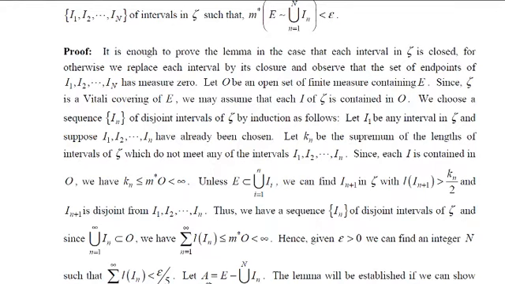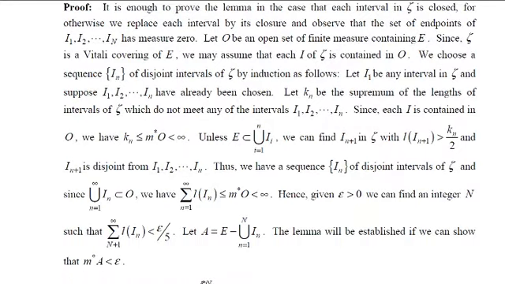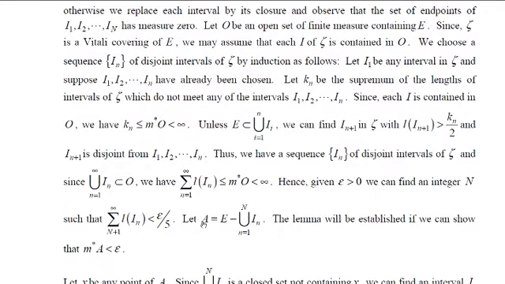And let us assume that A is the collection of all elements of E minus this union. Then the lemma will be established if we show m star A is less than epsilon. Let us say X is an element in A. Then X is present in E, but X is not present in any of these.